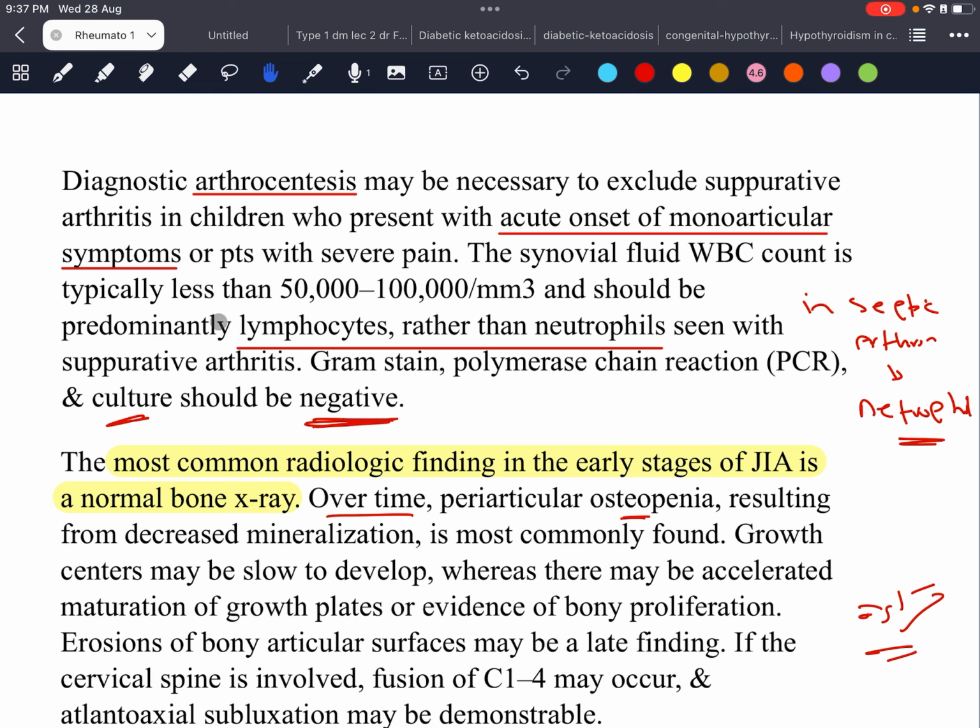In the inflammatory form of arthritis and not the septic form, the usual white blood cell count is from 50,000 to 100,000, and the predominant cell is the lymphocyte rather than the neutrophil. In the septic one, the cell count is more than 100,000 cells per cubic millimeter, and the type is neutrophil rather than lymphocyte. It may be sent for culture, and in the inflammatory type it will be negative.